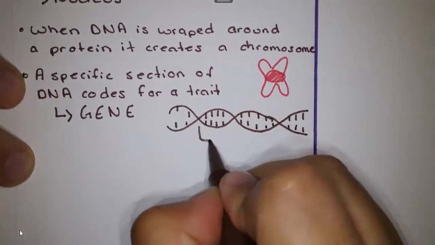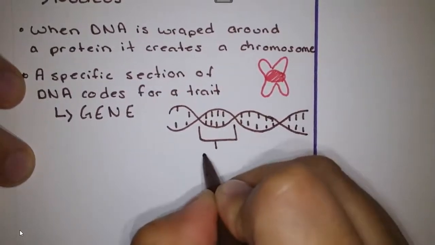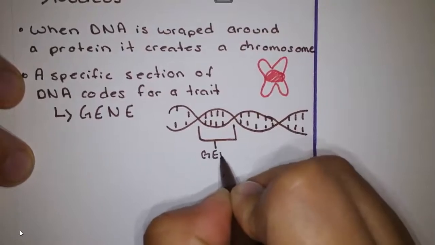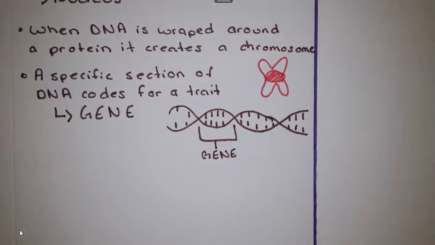Okay, this area right here, a specific area, that is going to be your gene. And every gene is going to code for a specific trait, like eye color, hair color, and so on.